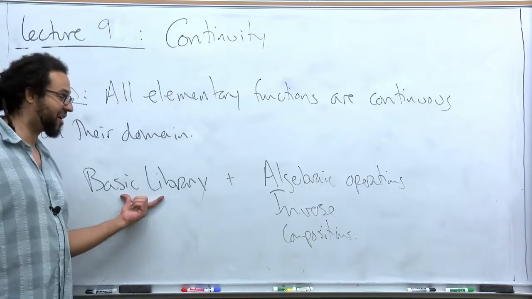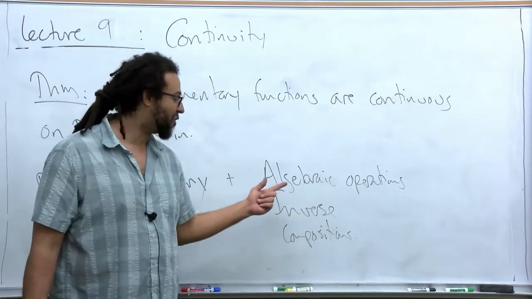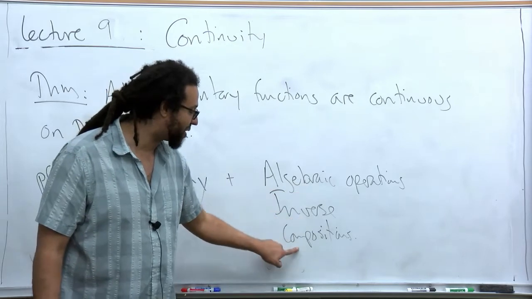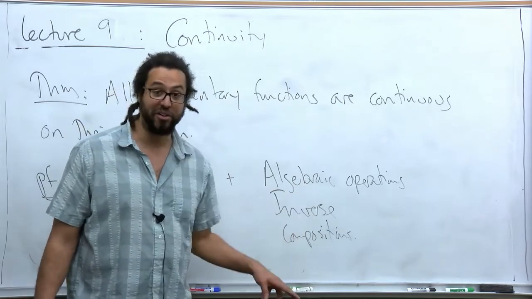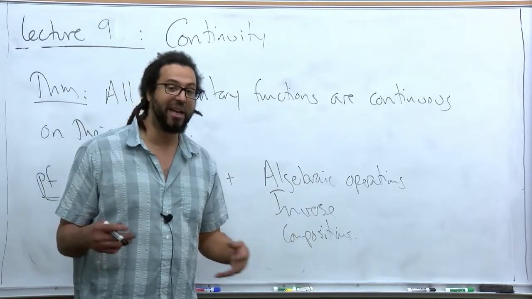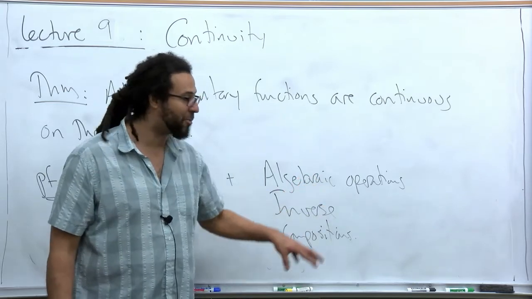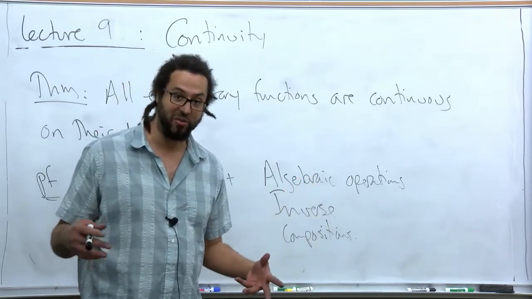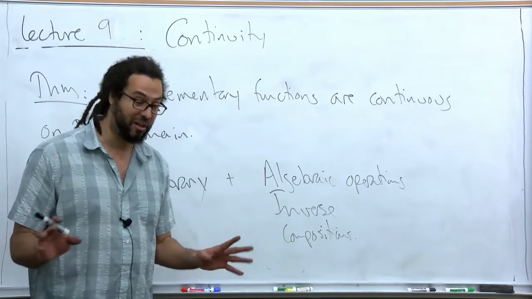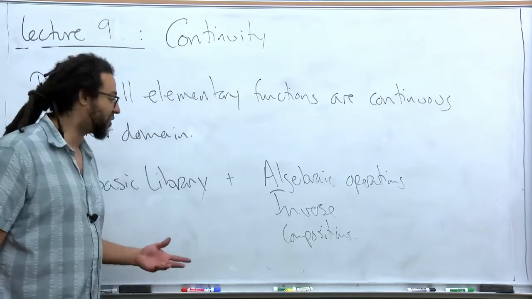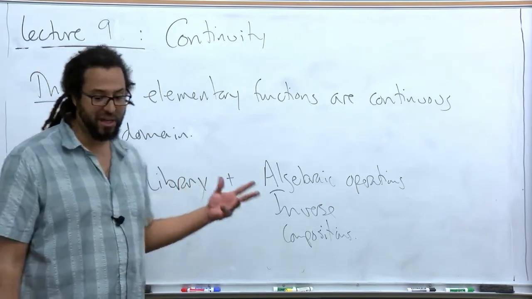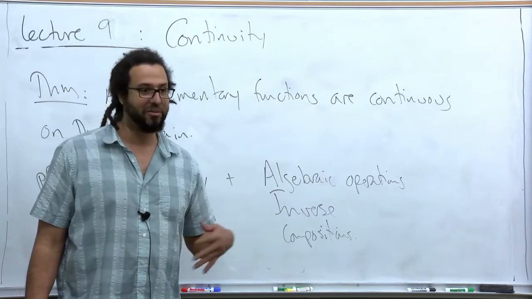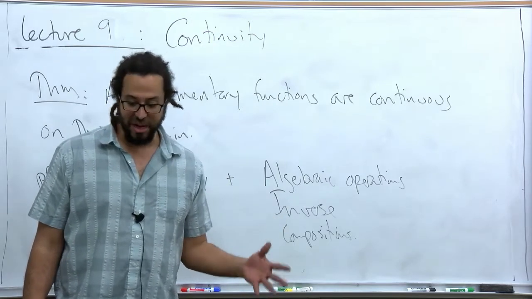So these things are continuous, and we know that continuity behaves well with respect to these operations. Therefore, anything that we obtain using these operations will give us a continuous function, as long as we start with continuous functions. So any of the elementary functions that you can think of are going to be continuous everywhere on their domain.